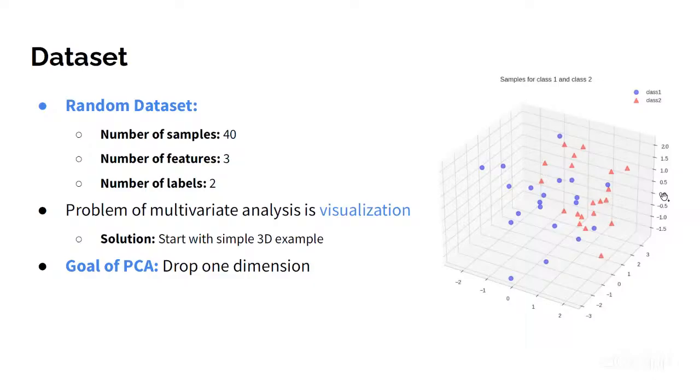Again, as I told you, in multivariate data only up to 3 dimensions we can visualize. We only have 3 features, so we are able to visualize it properly. But I want to visualize this in 2D also. So the goal of doing PCA here is to drop one dimension and visualize this data set in 2D.